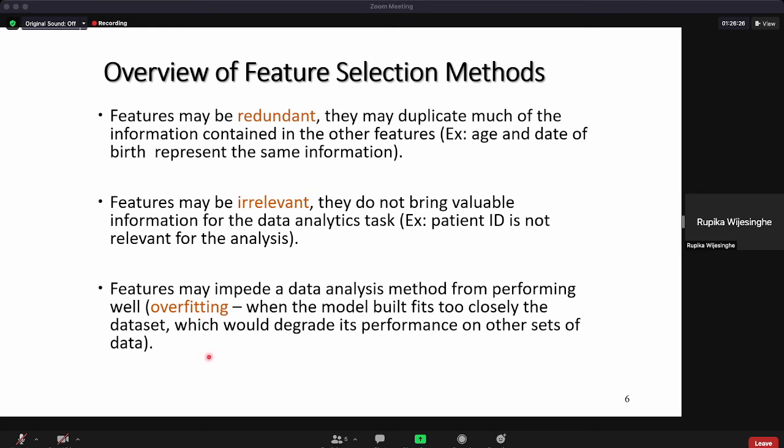Overfitting means it will overfit to the data that you build the model on, but it will not be a good generalized solution. You can't generalize it to another data set. Right?